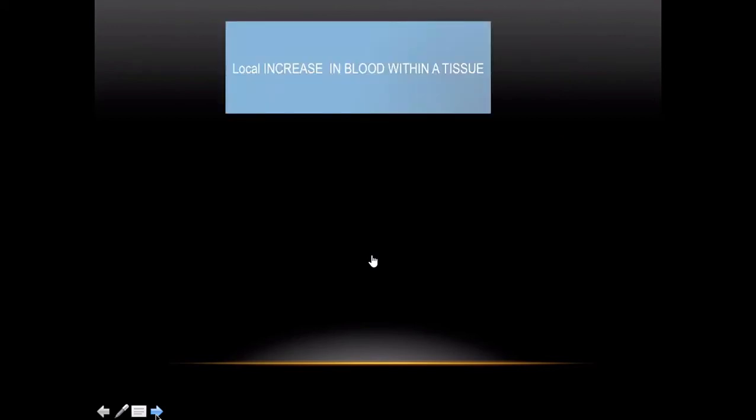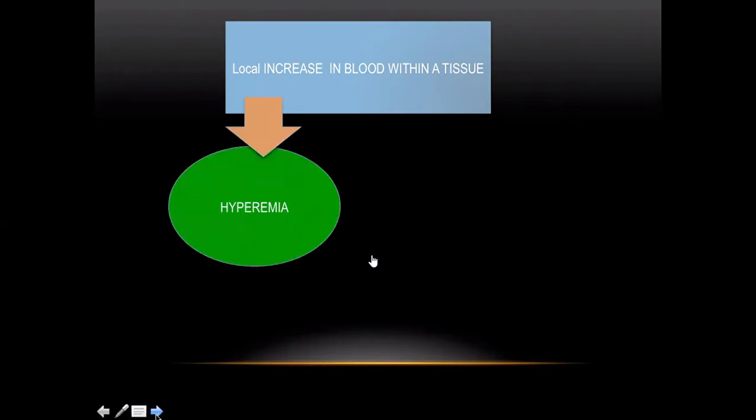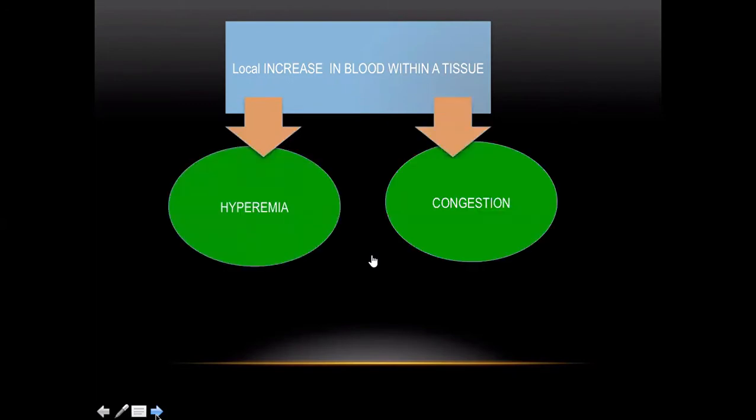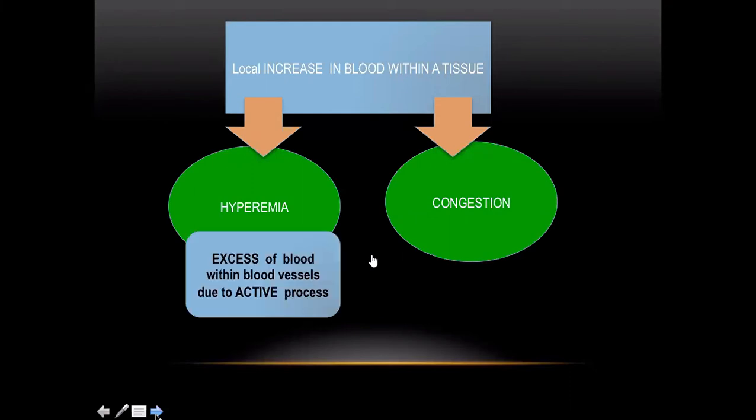Earlier we were talking about fluid, water. Now we will be talking about blood. A local increase in blood within a tissue can cause hyperemia or congestion. Stagnation of blood in a certain organ or tissue can cause hyperemia or congestion.